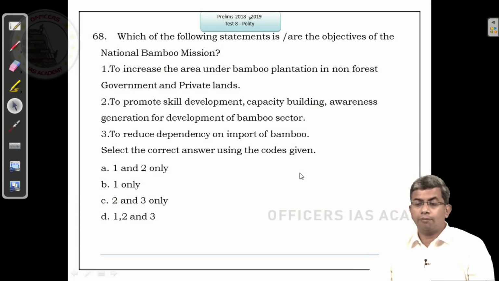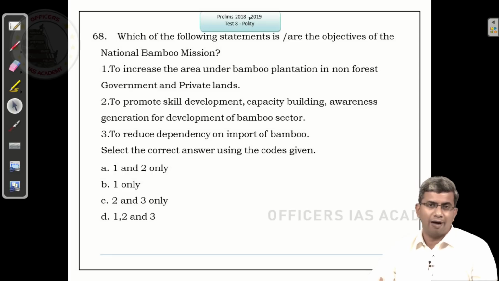Which of the following statements are the objectives of the National Bamboo Mission? To increase the area under bamboo plantation in non-forest government and private lands? Yes. To promote skill development, capacity building, awareness generation for development of the bamboo sector? Yes. To reduce the dependency on import of bamboo? Very logical.